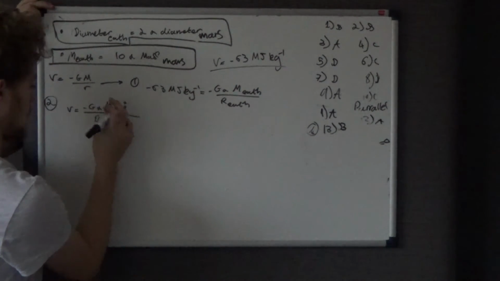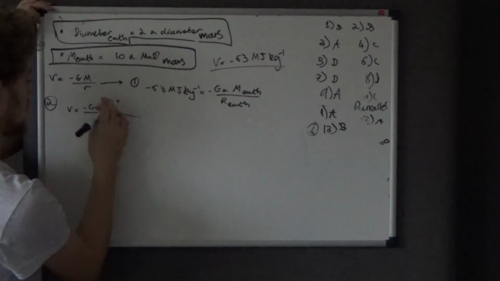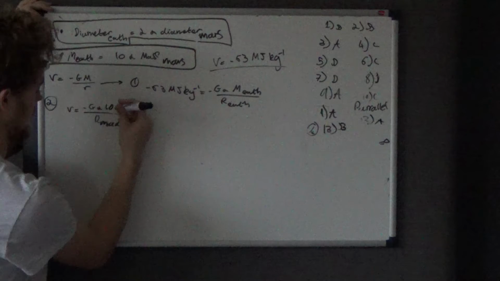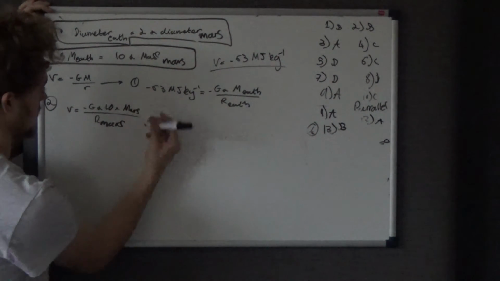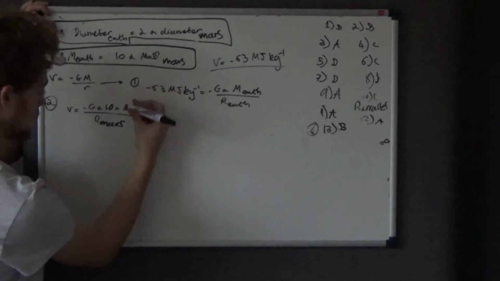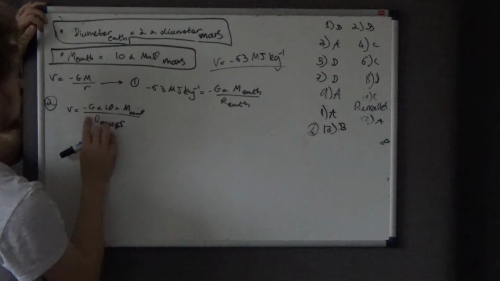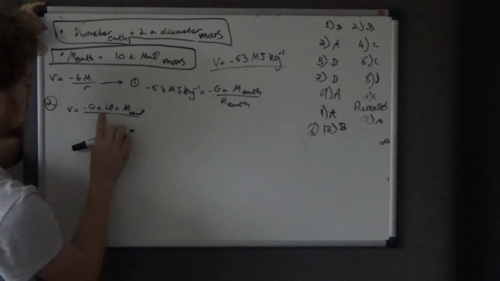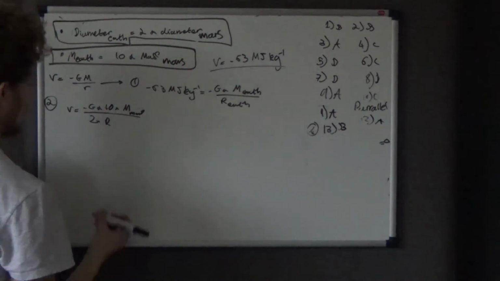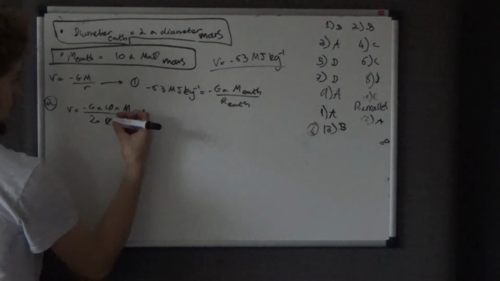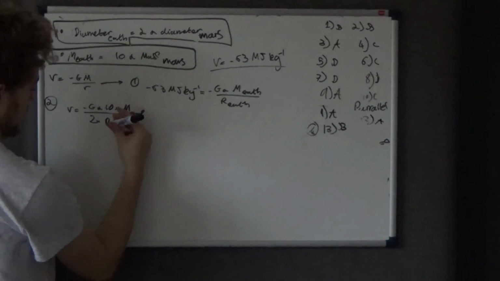Okay, so times 10 times the mass of the Mars and the radius is 2 times the radius of the Mars.